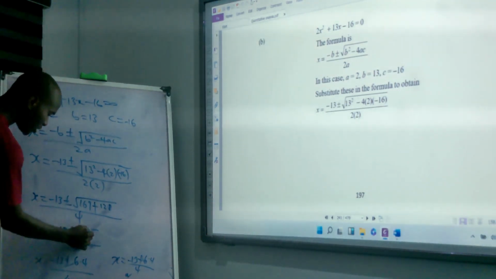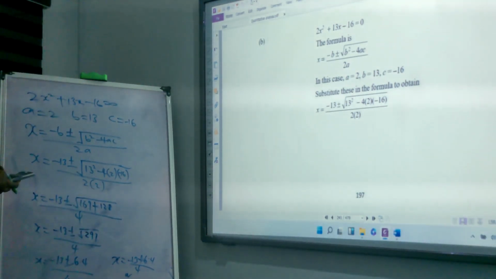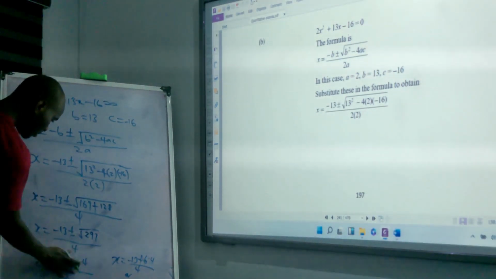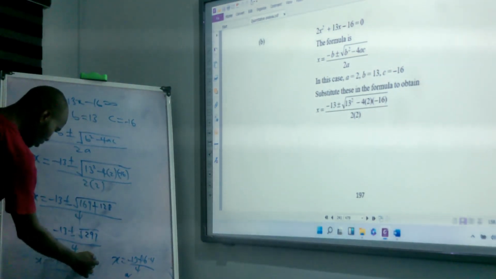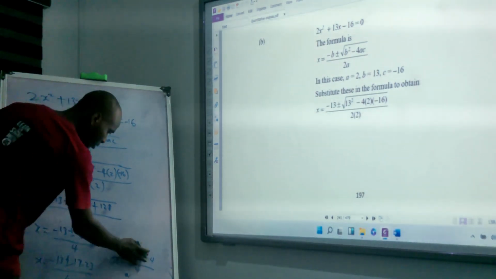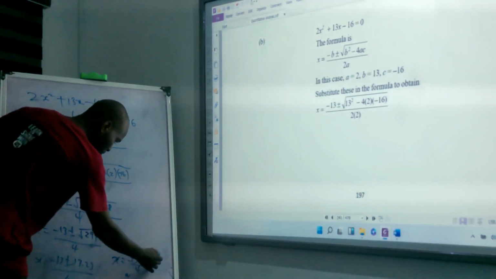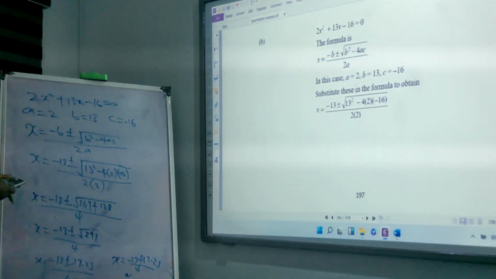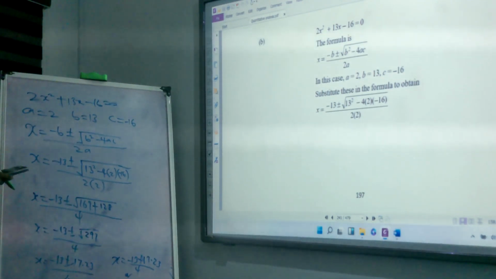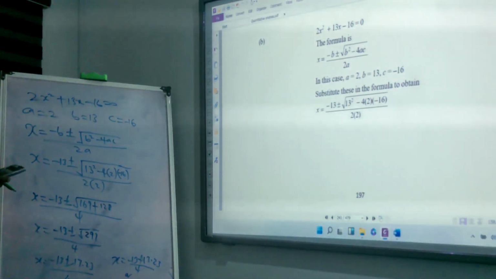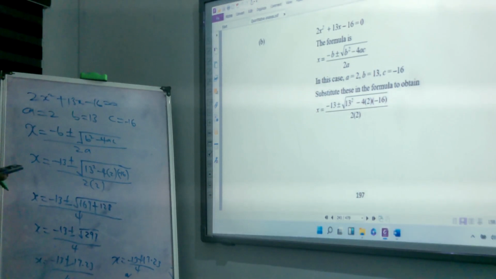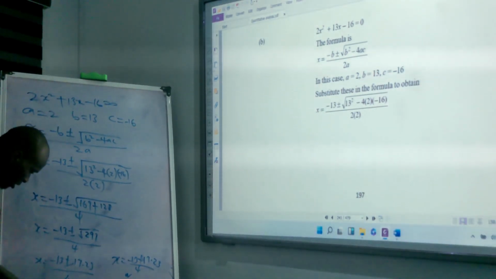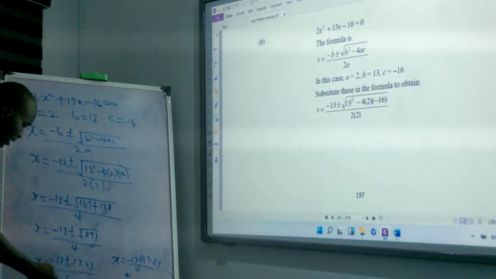So here it is not possible, it's 297. So what is the square root of 297? A very big one. That is 17.23. So if we now say minus 13 plus 17.23 divided by 4, we actually obtain 1.06, positive, not negative.